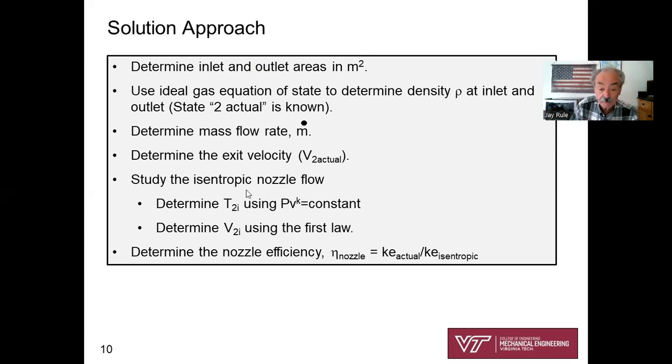We're going to be able to solve for T2 isentropic. Once we've got T2 isentropic, we'll use the first law for the isentropic process to determine V2I, the V2 isentropic velocity, and then a straight use of the definition of nozzle efficiency: the kinetic energy actual, V2 actual squared, divided by the kinetic energy isentropic, V2 isentropic squared.